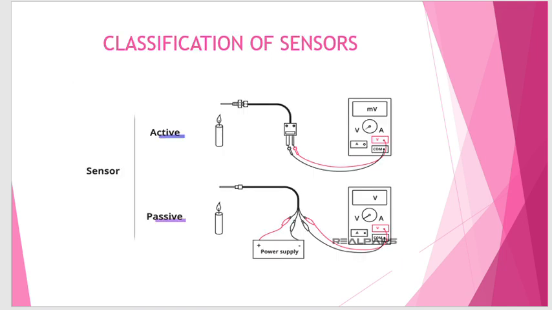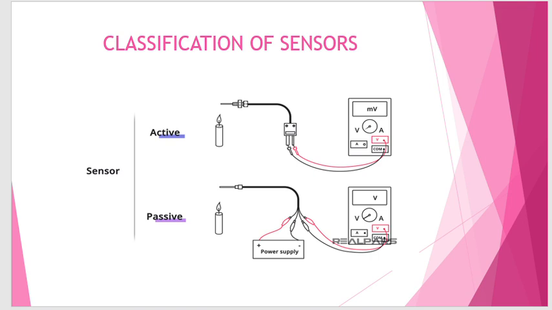What do we mean by an active sensor? An active sensor requires external power or external excitation. A passive sensor does not require any external power signal or any kind of excitation. So this is one type of classification, active as well as passive sensor, which depends on the external supply or external powering unit.